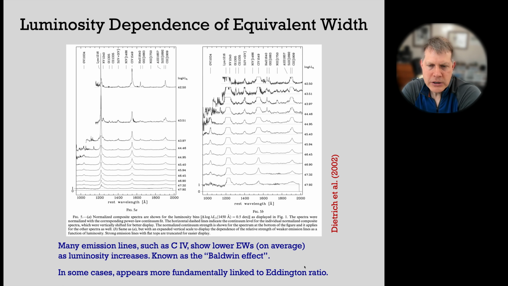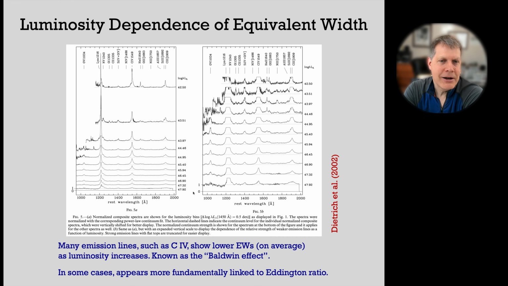Now, as you would expect, given that the Eddington ratio was the ratio of the luminosity to the Eddington luminosity, well, the Eddington ratio was going to be strongly correlated with the luminosity itself. So you have to do a kind of partial correlation testing to deduce that the Eddington ratio is the more fundamental quantity, and that seems to be the case for at least carbon-4, for example. So Eddington ratio has some significant role in causing this behavior.